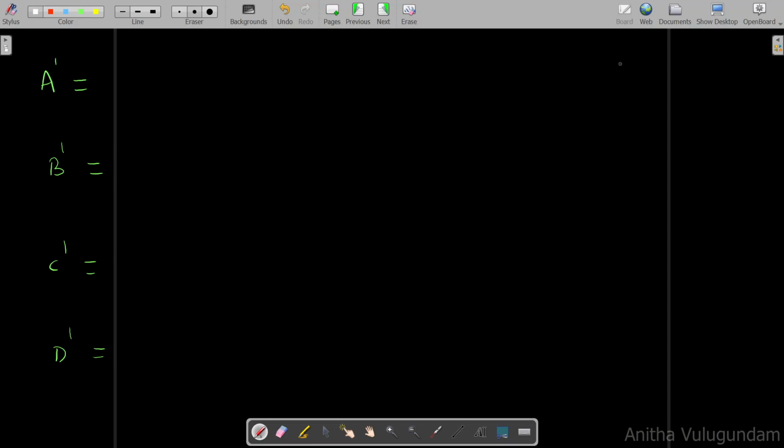For this, let me rewrite the main equations. V2 equal to A' V1 minus B' I1. I2 equal to C' V1 minus D' I1.